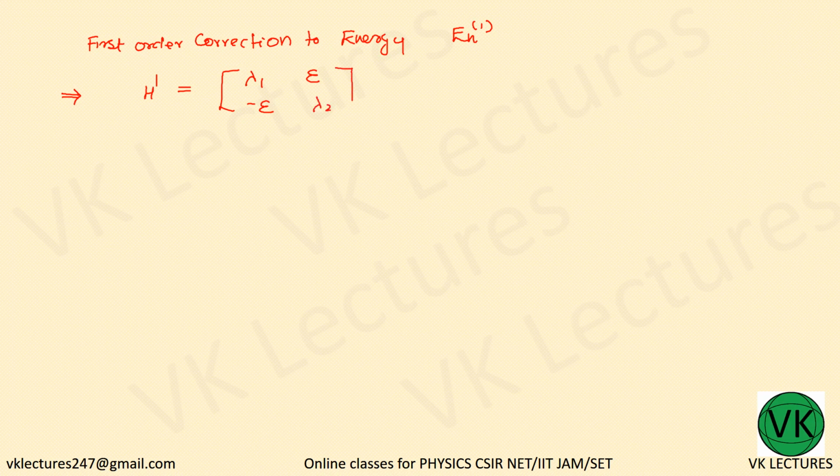So this is the perturbation, and what is the first order correction to energy? En dash, let us write En dash is equal to En H dash En.